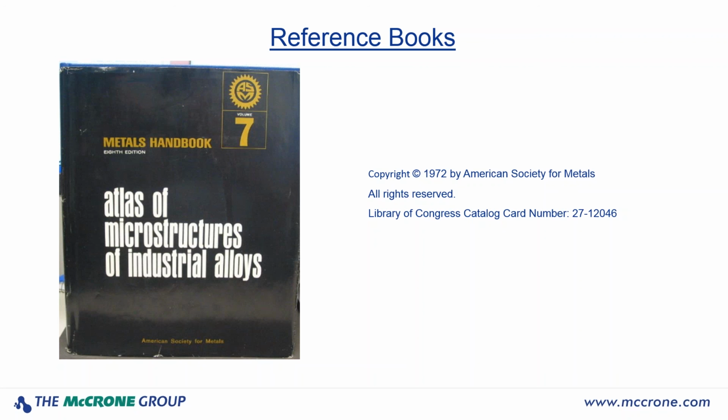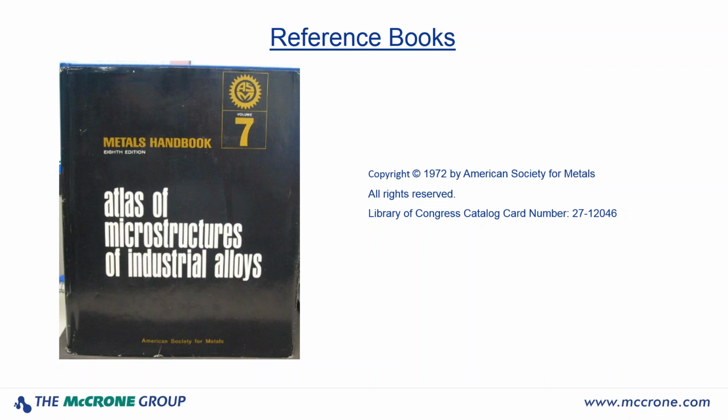ASM International now produces books like this, but they're more geared for specific alloy materials. There might be books just for zinc alloys, then other books for copper alloys, other books for steel alloys, and so forth, which is fine. And they're more up to date, of course. But this particular book has them all.